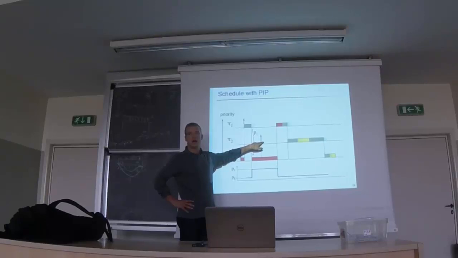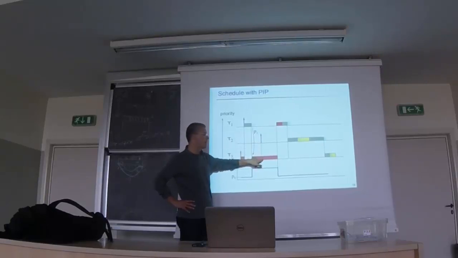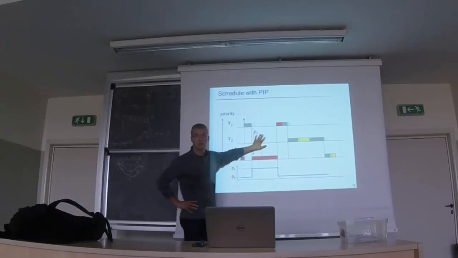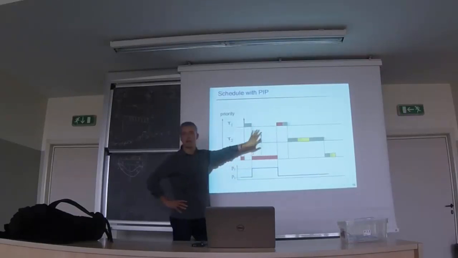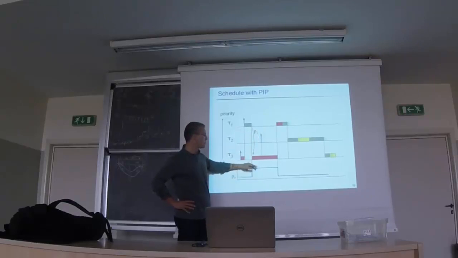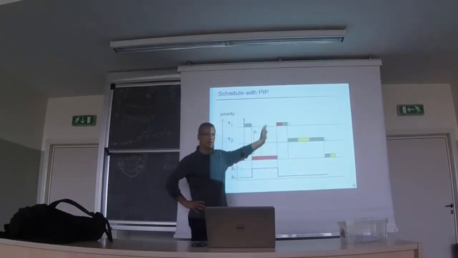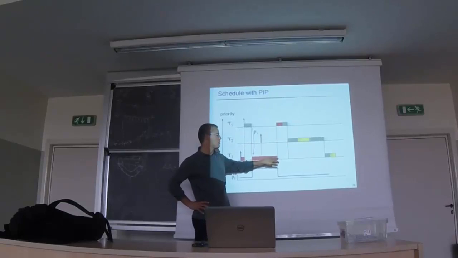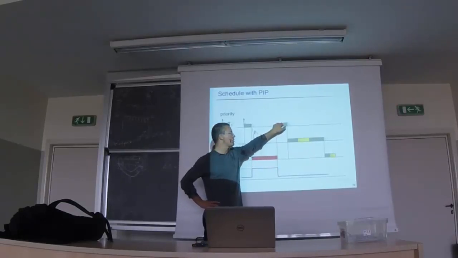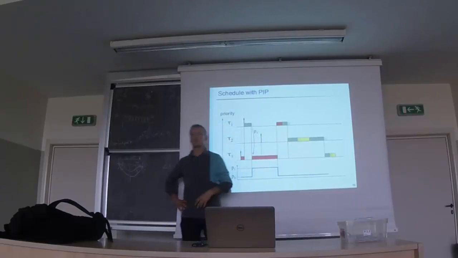If I had allowed this task to preempt, what would that cause? Unbounded priority inversion, which is something I don't want. Since the priority is above this task, it is blocked, which is okay. I'm releasing the section, and this one can continue, and so on with the other ones.